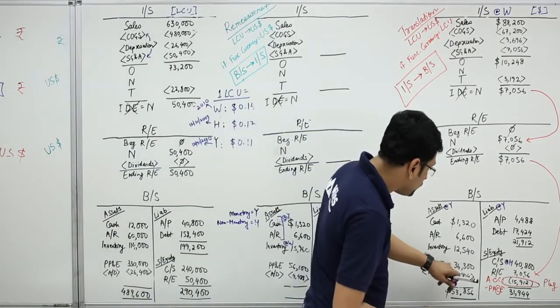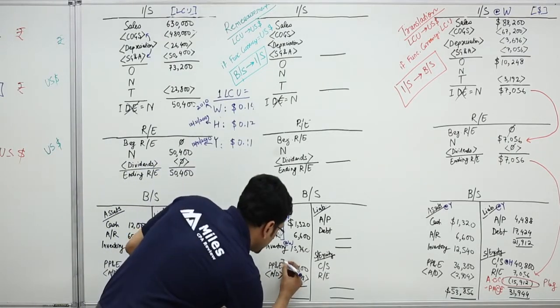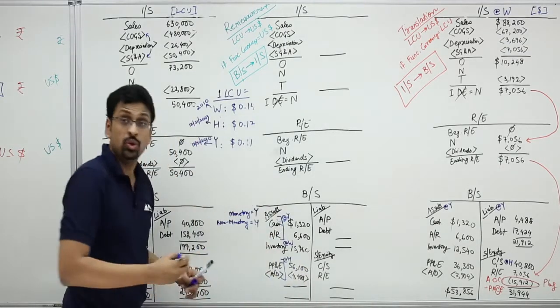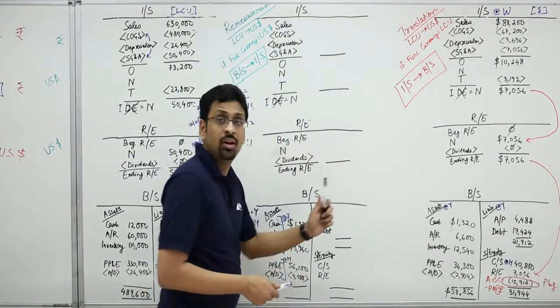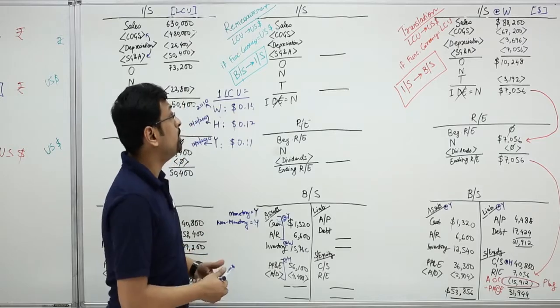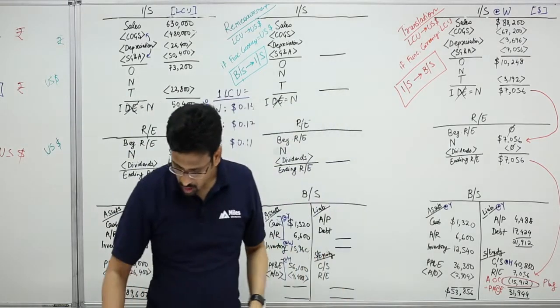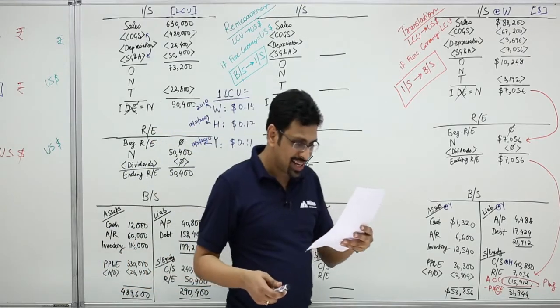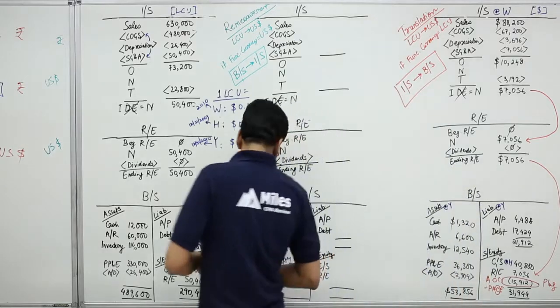For PP&E, here we've used the year-end rate, but here we've used the historical rate from when the PP&E was purchased. So that's the difference in the balance sheet numbers when you're translating and remeasuring. Now the total of your asset side in case of remeasurement comes to 75,492.